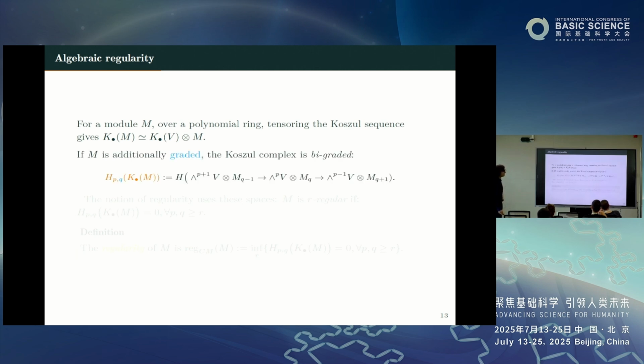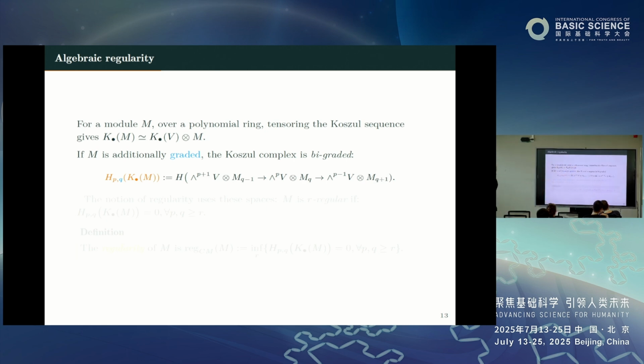If your module is graded, the Koszul complex will have some intrinsic extra grading, with respect to which you can define some kind of bigraded cohomology of the Koszul complex of that graded module. I'm not going to spend so much time. This is the grading on the module, and these are the gradings on the de Rham complex.